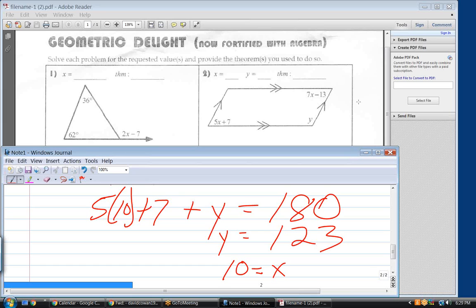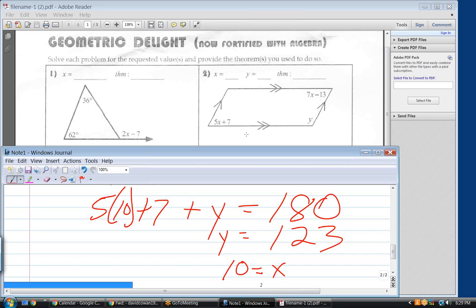Theorem 2, how did we solve for y? We set it equal to 180. What's the theorem say? What are those angles called? Opposite angles. No. Opposite is that one and that one, or that one and that one. So supplementary angles. Adjacent. Oh, that's right. My bad.